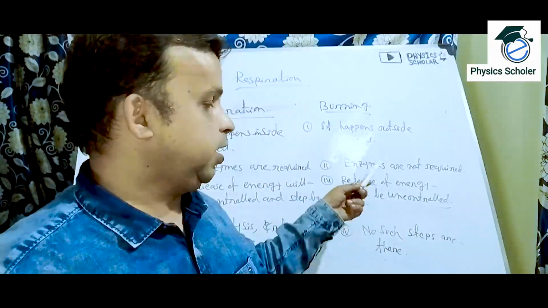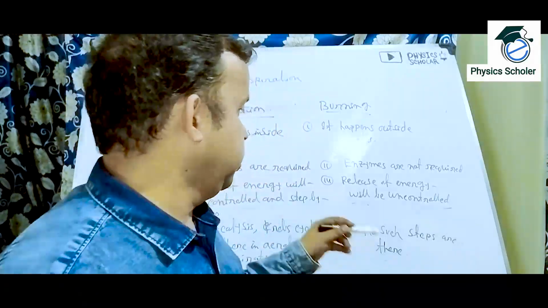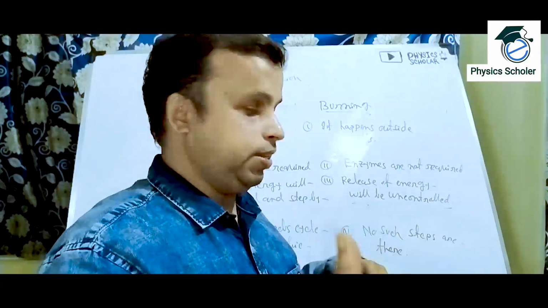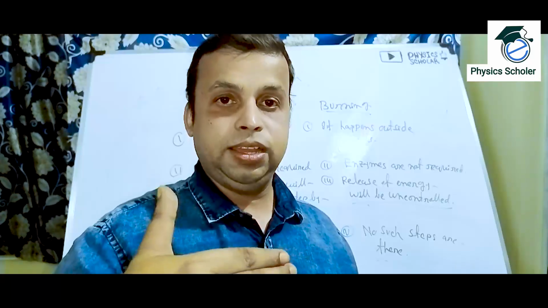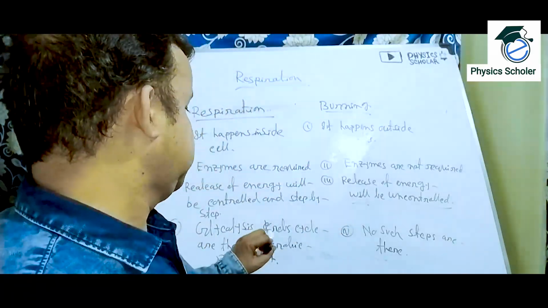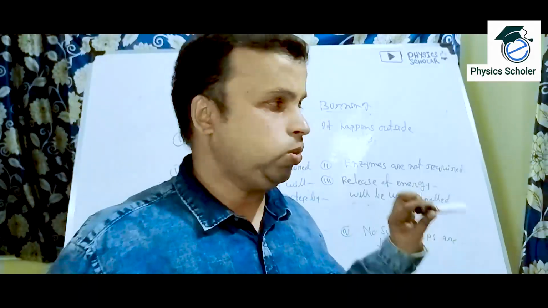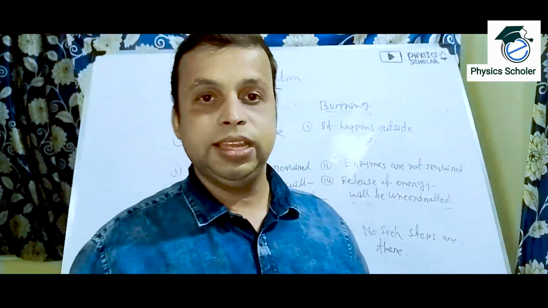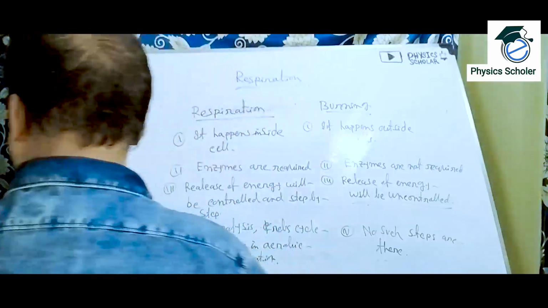But in burning, all the energy is released together, not step by step. Glycolysis and the Krebs cycle are the different stages of aerobic respiration, and burning has no such stages. These are the common differences between respiration and burning.